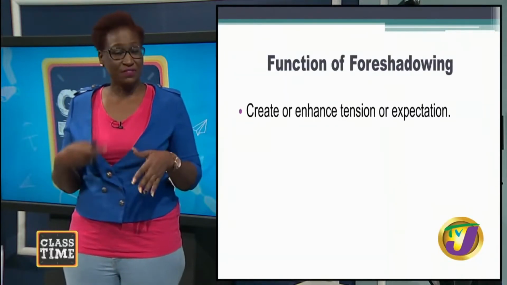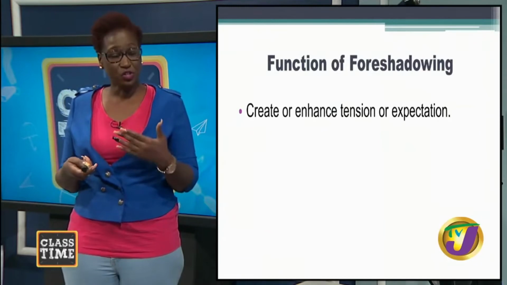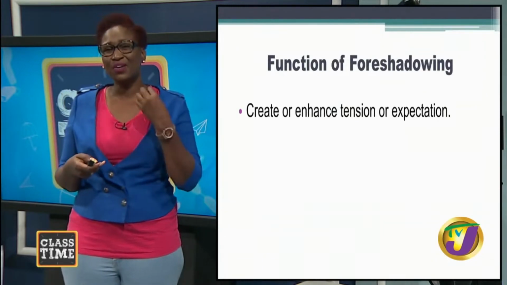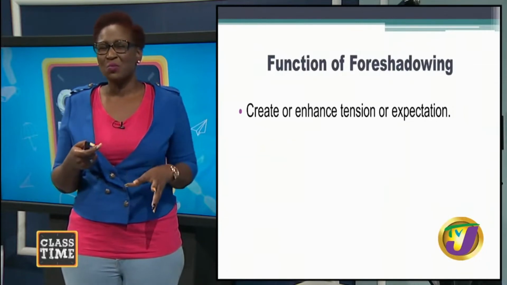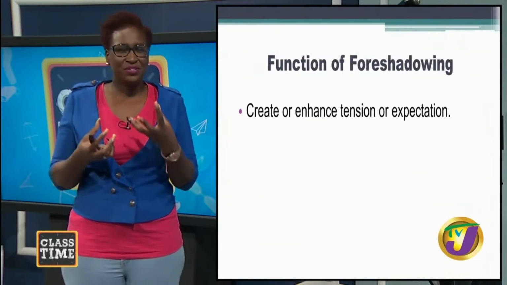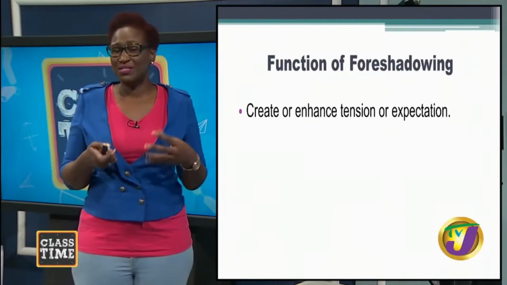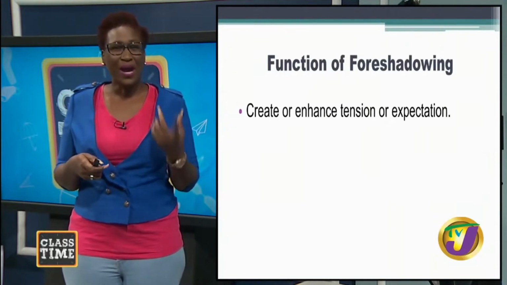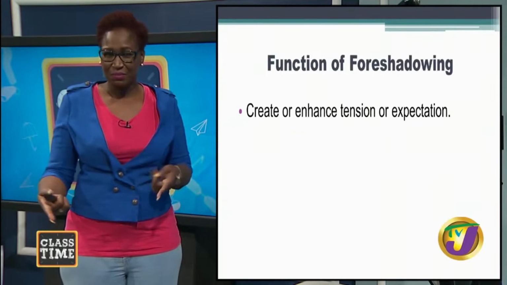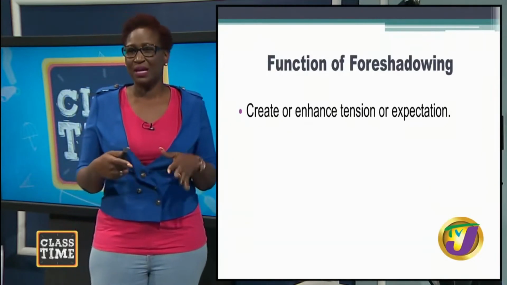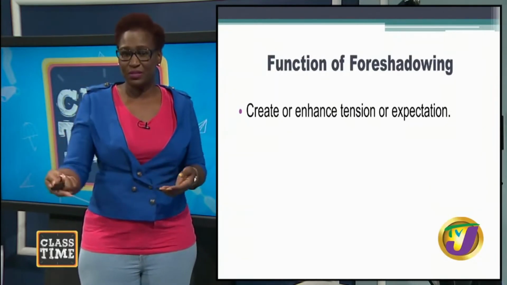So of course, if that is what it does, then the function naturally is to create some kind of tension, create some type of yearning, somehow to enhance your desire to read, because now you want to know, why did this happen? Is it that this is foreshadowing that? Because one event is basically an omen that something else is coming.